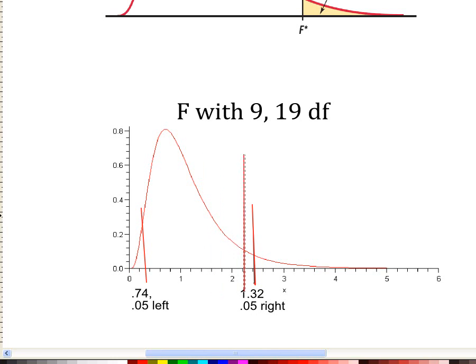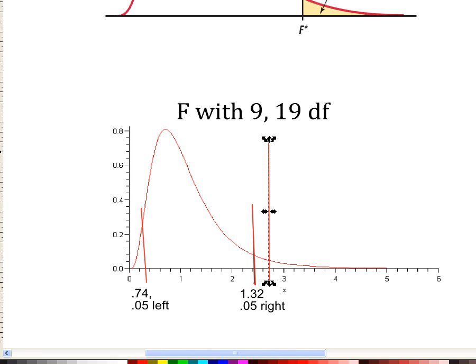Now, where is our 1.44 statistic? Well, it's going to be further away from the number 1 than our critical value of 1.32. And so now, with the same kind of evidence, the same sample standard deviations, but more observations, we can now reject this null hypothesis that the variances of girls and boys scores are equal, since our 1.44 is outside of this middle region.